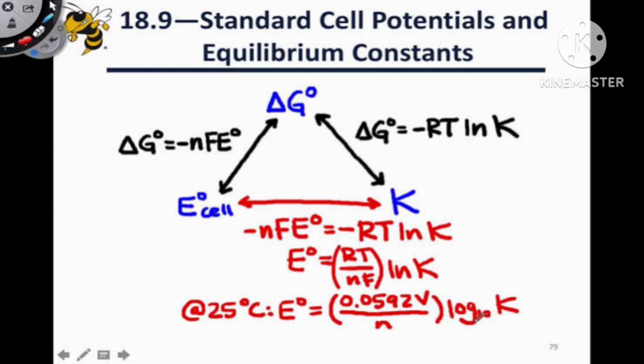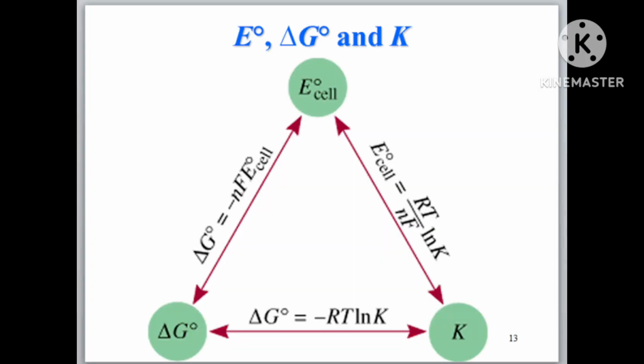And also, how will you calculate the equilibrium constant? From the equilibrium constant also you can calculate the delta G. How? One relation is there.